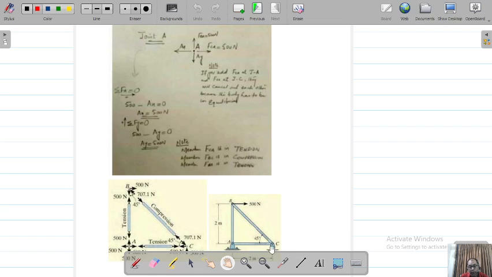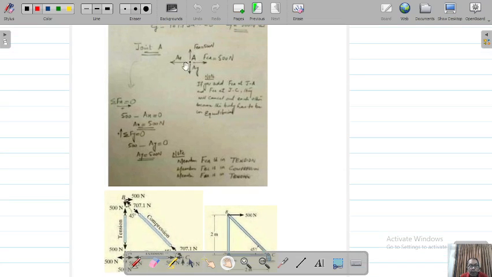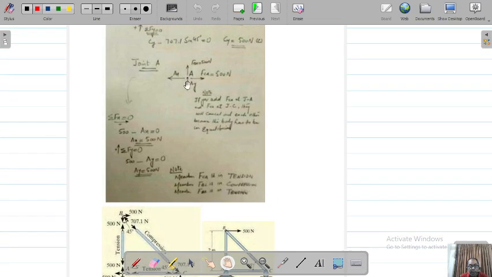The force CA you used when doing joint C and the force you add when doing joint A analysis, they have to be in equilibrium. So at joint A, this is our tensile force. Then we have calculated force BA, which was also assumed as tensile at joint B. So at joint A, we also assume this force as tensile because the truss member has to be in equilibrium.